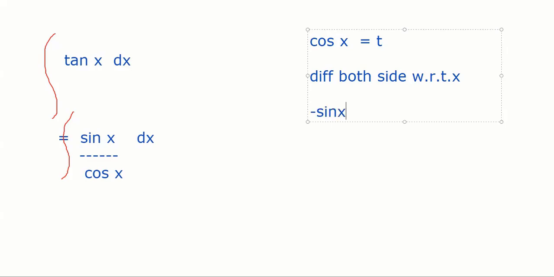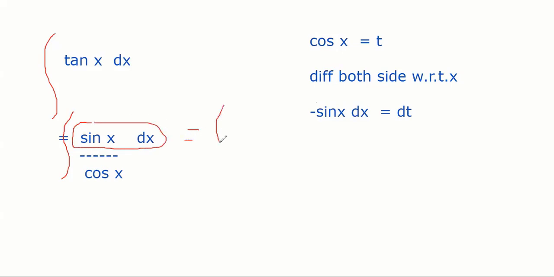Minus sin x dx, and this is dt. Right, everybody? The differential of cos x is minus sin x and then dx. So minus sin x dx will be substituted as dt.